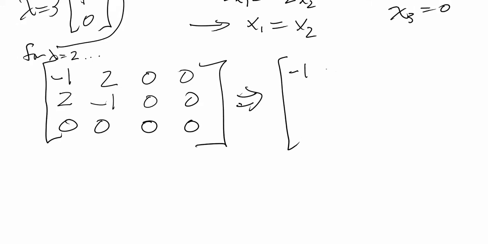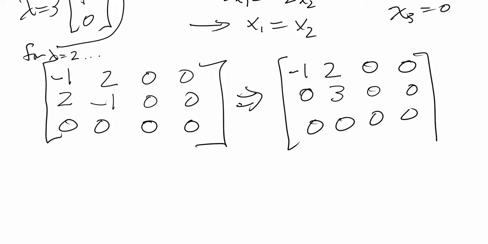In our next step of Gaussian elimination, we're going to take row 1 and keep it the same. And then for row 2, we're going to eliminate the 2 that leads off this row by taking 2 times the old row 1 and adding it to row 2. So we have 2 times minus 1 plus 2 gives us 0. Then we have 2 times 2 gives us 4 minus 1 is 3. And then 0, 0. And the last row contains no information.